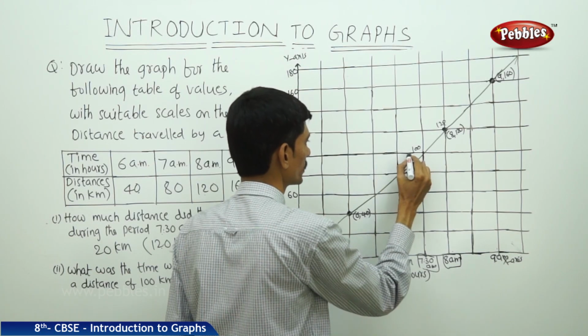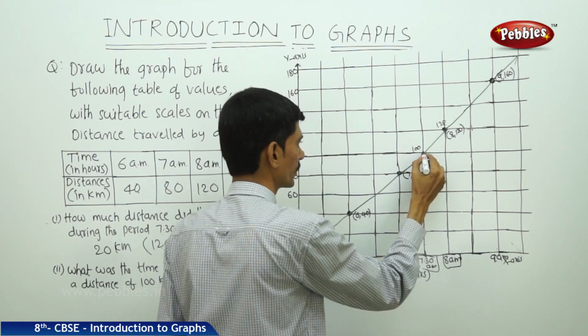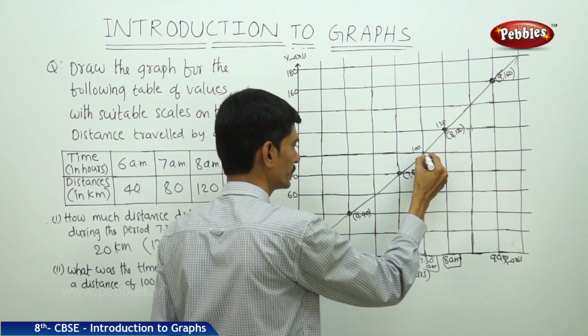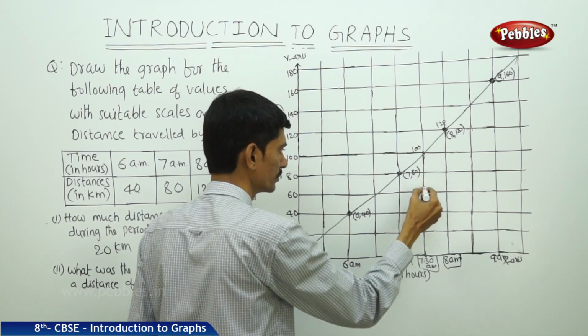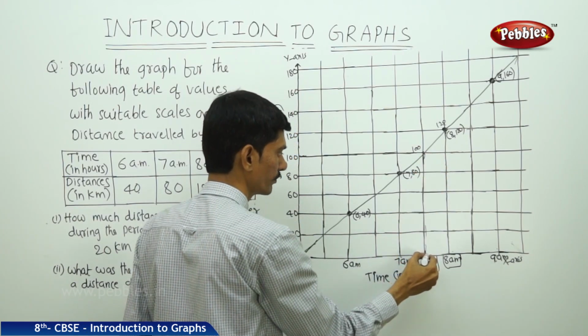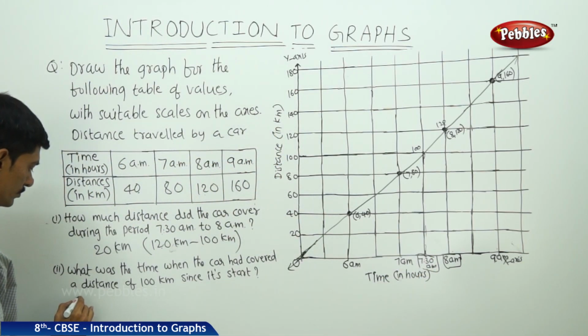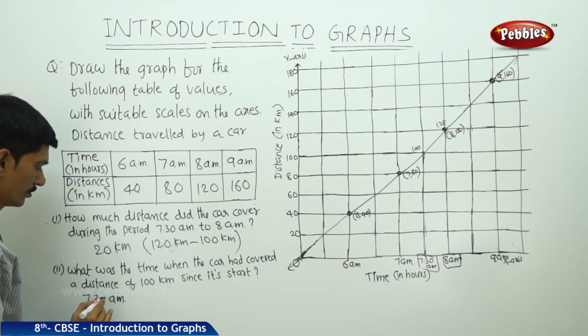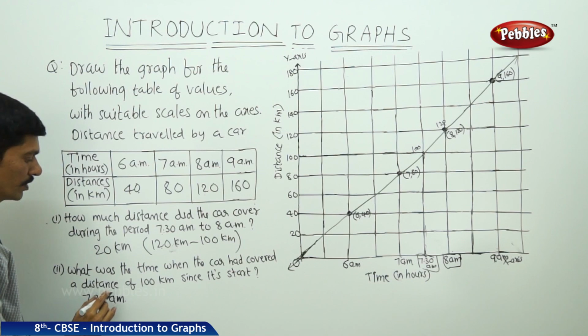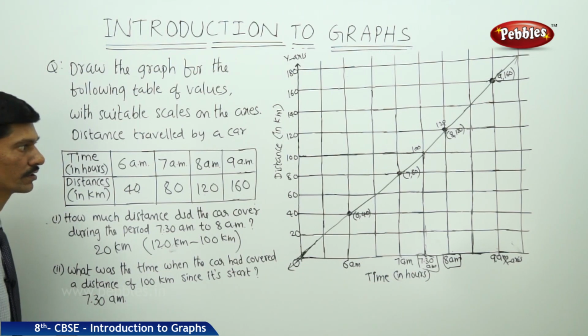It intersects the given graph at this point. From this point, draw the vertical line. It represents 7:30 am. So at 7:30 am, the total distance covered by the car is 100 kilometers.